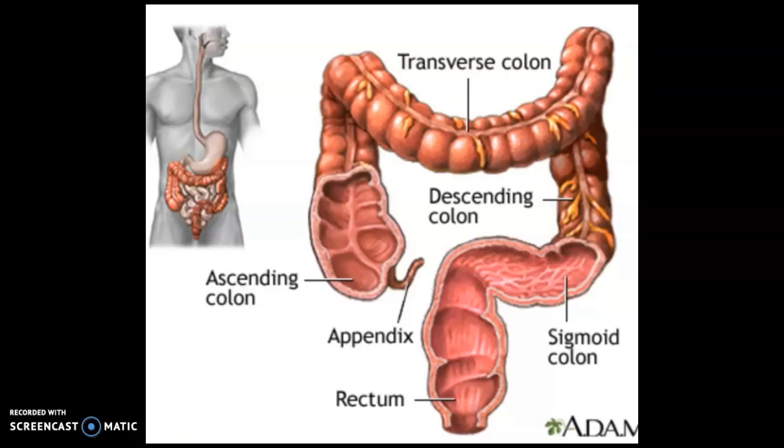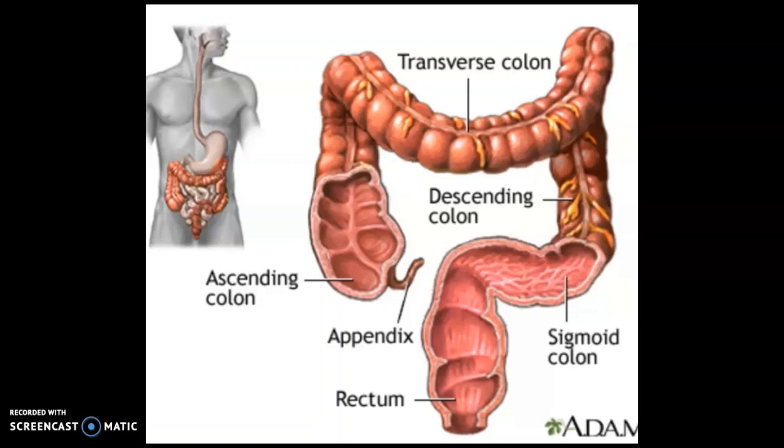The four major functions of the large intestine are recovery of water and electrolytes, formation and storage of feces, and fermentation of some of the indigestible food matter by bacteria.